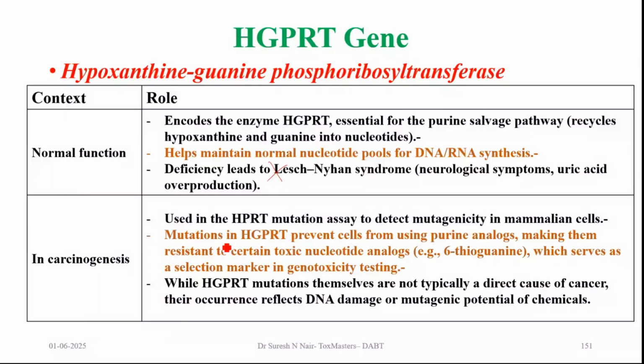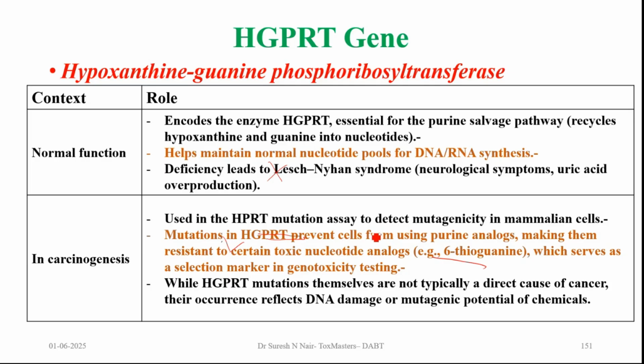Now, when the mutation is happening, there will be deficiency, and that will make the cell more sensitive to the toxicity of the purine nucleotide analogs. So when a nucleotide analog is acting as a carcinogen, the chance of binding it with the DNA depends on how much normal purine bases are present, and how much the aberrant purine or the nucleotide analogs are present. So what happens is that when this gene malfunctions, the level of innate purine within the cell will be very, very less.